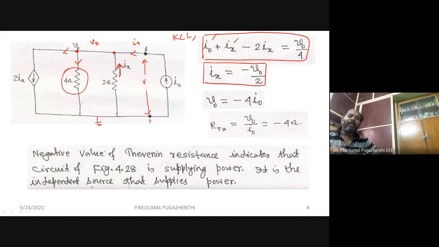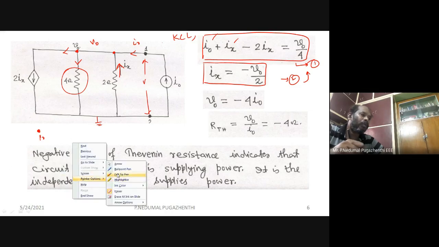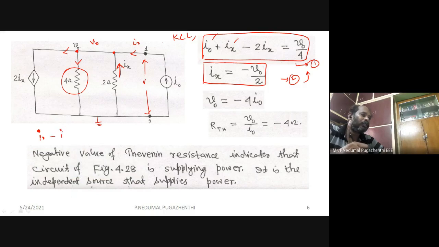We are trying to find what is R Thevenin for a network which is having a dependent source. So I have written two equations. If I substitute two in one, instead of Ix, this equation is going to be I naught minus Ix is equal to V naught by 4, from 1.